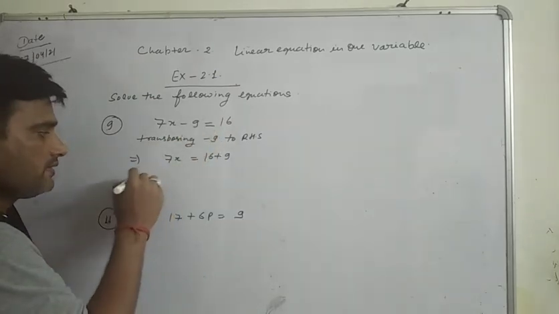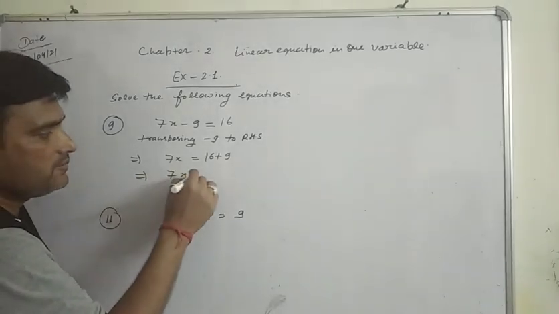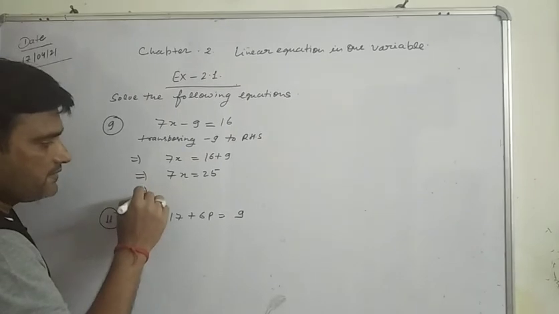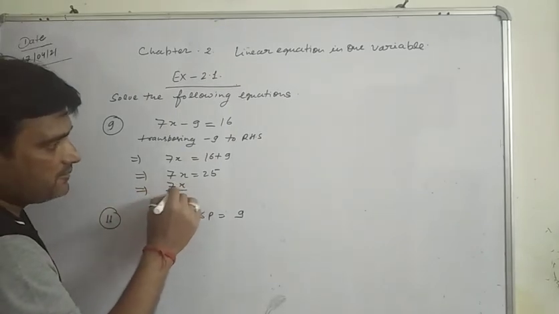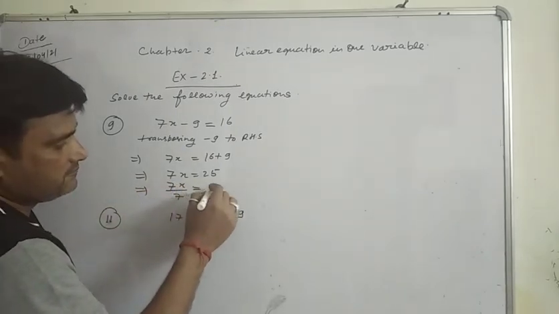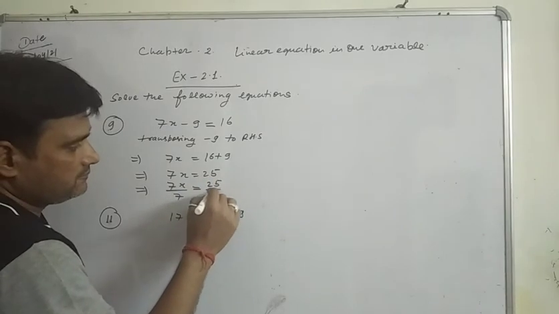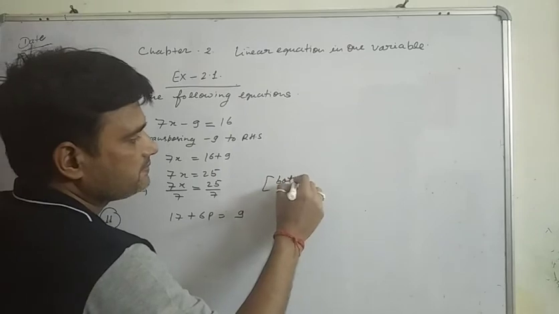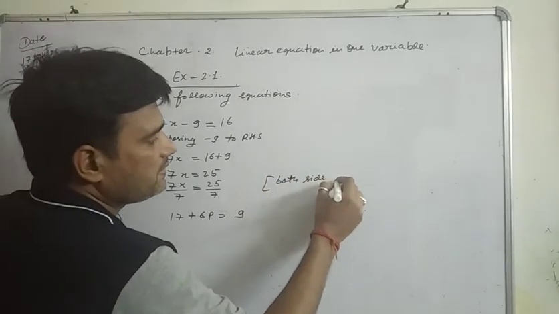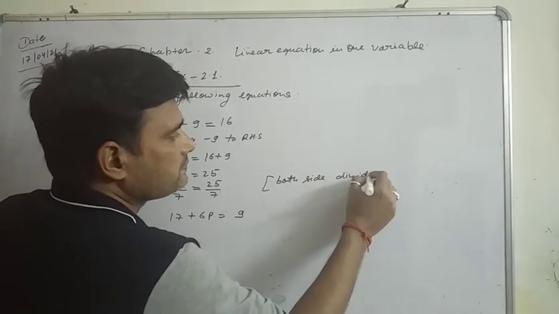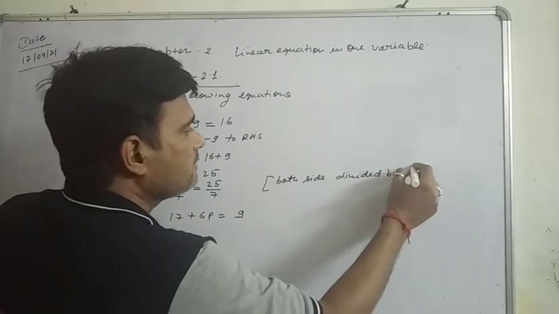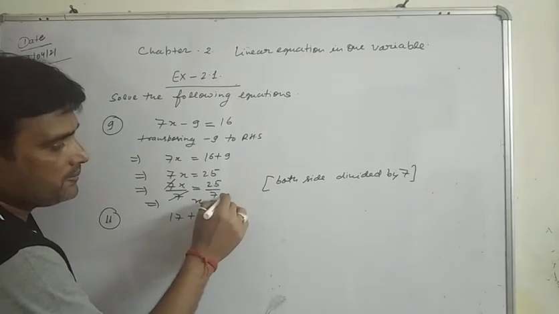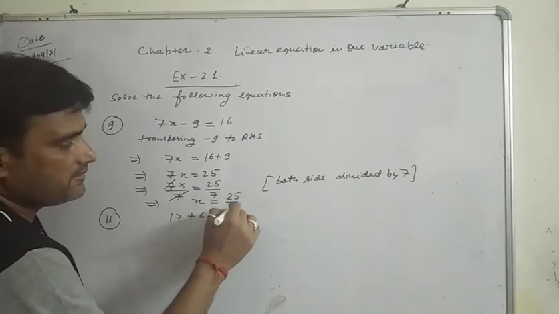Now 7x = 25. Next step, both sides divided by 7. 7 cancels out with 7. x = 25/7 is the right answer.